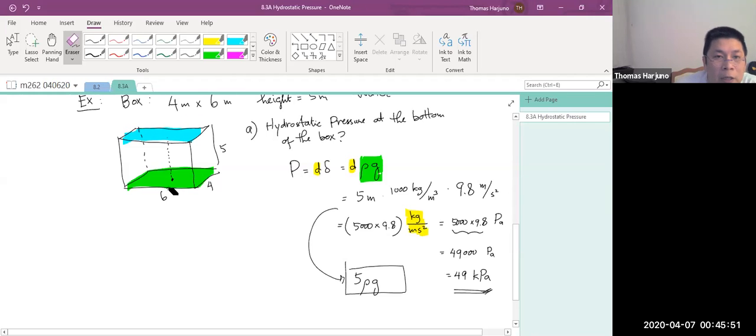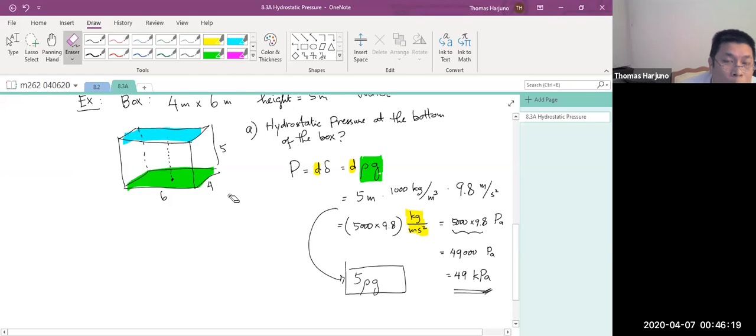Now, with this said, what is hydrostatic pressure in our daily life? It feels like the following. Suppose you dive under the water, and the water is pure water. Suppose your ear is at the depth of 5 meters. The pressure that your ear experiences is actually 5 rho g, which is quite heavy already.